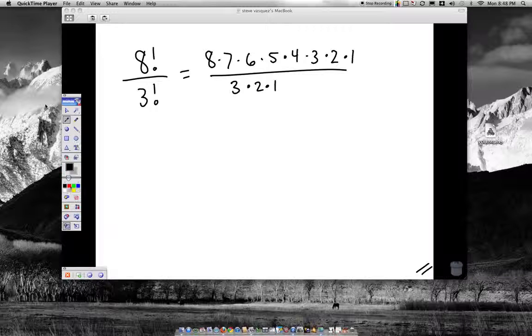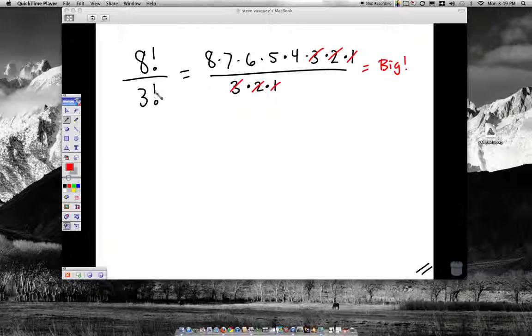When you write them out in this fashion, you can cancel some things off. 3 cancels with 3, 2 cancels with 2, 1 cancels with 1, and all I have is 8 times 7 times 6 times 5 times 4. It's a big number. I don't necessarily need to figure it out right now. If I wanted to multiply it out, I could take my calculator and work on it on my own.